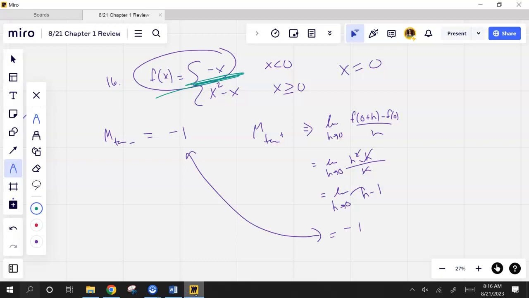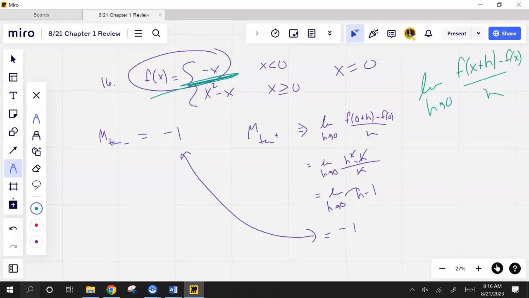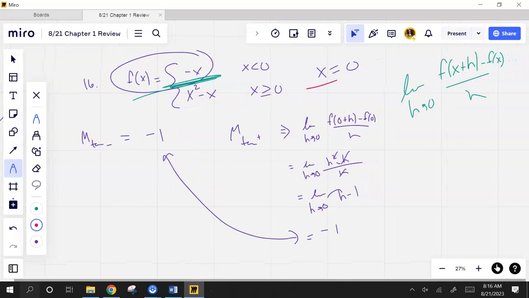Okay. On which one? On the first equation or the second equation? All right, so remember we're doing the limit as h approaches 0 of f of x plus h minus f of x over h, right? Only this time it's telling me that x is 0, so in place of the x's, I'm doing zeros.